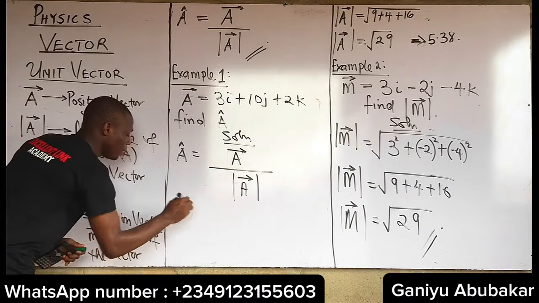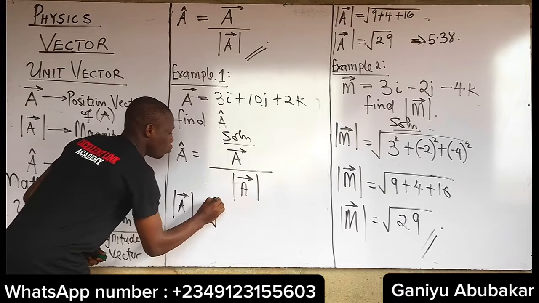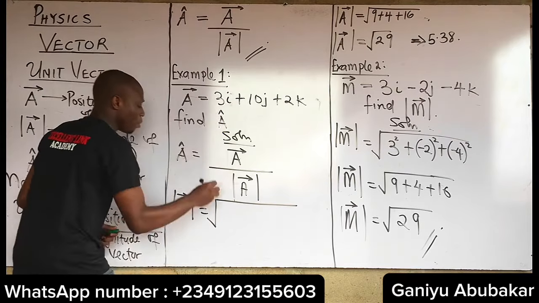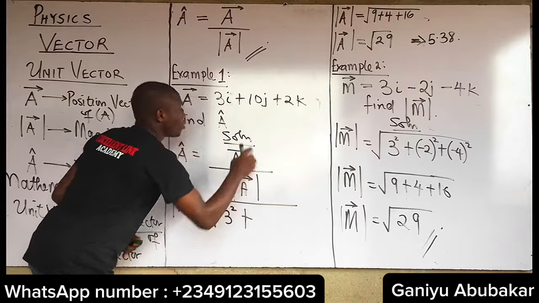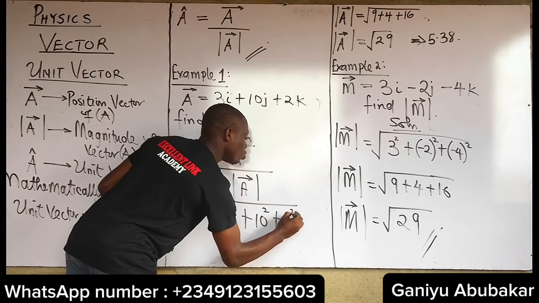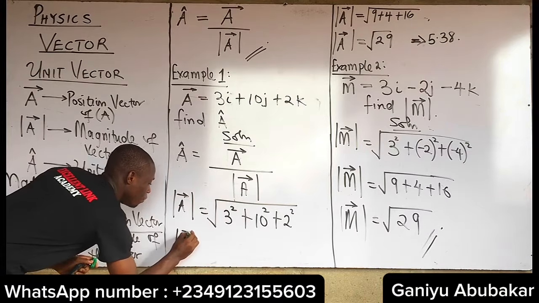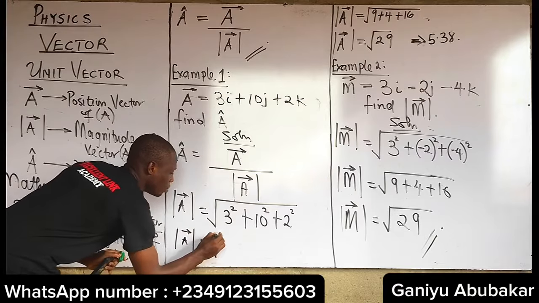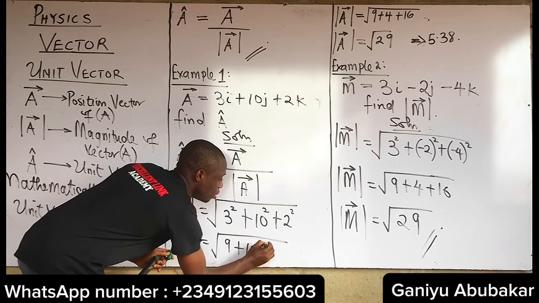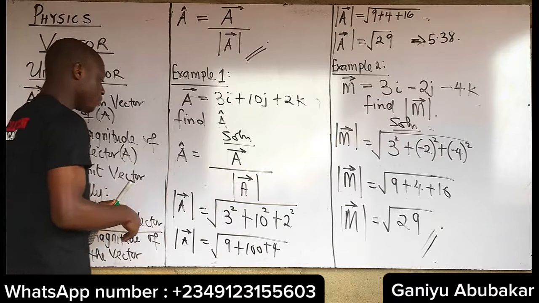So now the magnitude of vector A is equal to the square root of the coefficient of i here, which is 3, so that becomes 3 squared plus 10 squared plus 2 squared. The magnitude of vector A will be equal to the square root of 3 squared, which gives 9, plus 10 squared, which gives 100, plus 4.